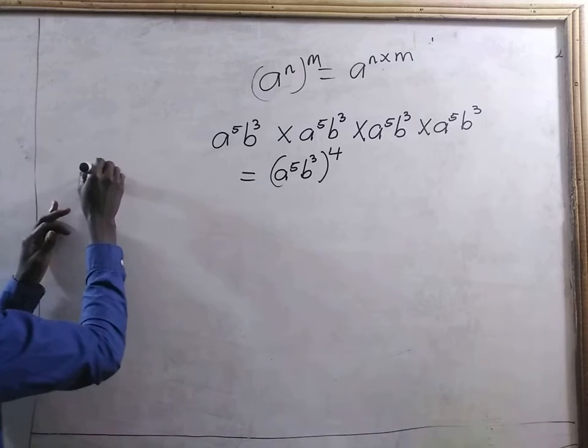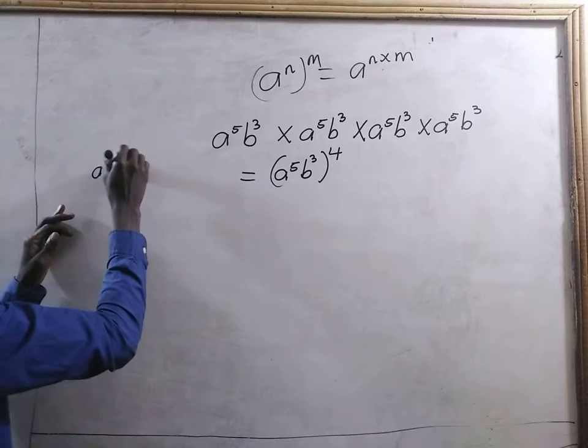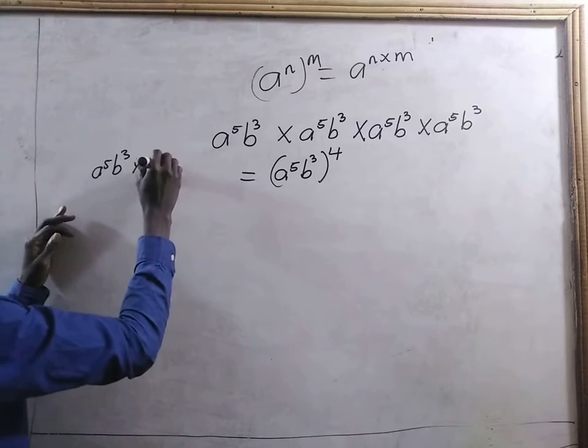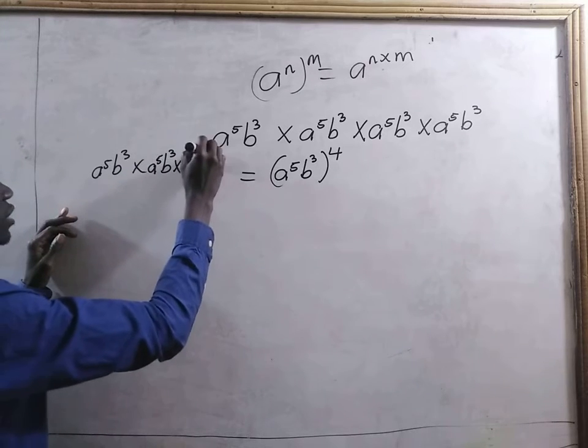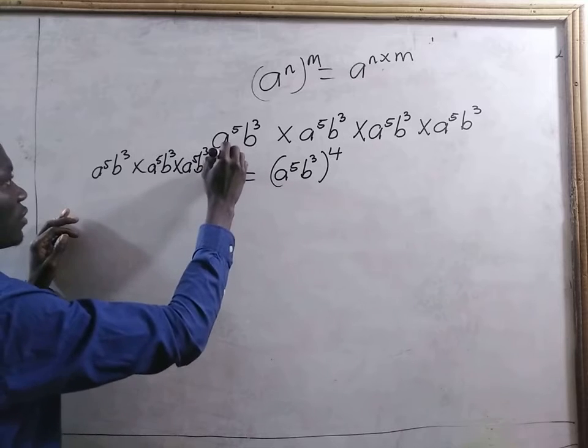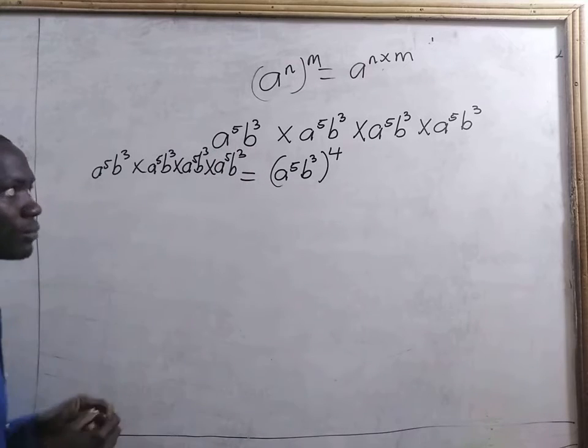So this gives a exponent 5, b exponent 3 times a exponent 5, b exponent 3 times a exponent 5, b exponent 3 times a exponent 5, b exponent 3.